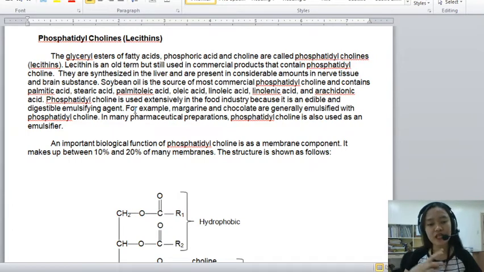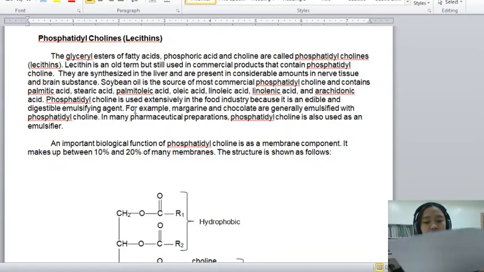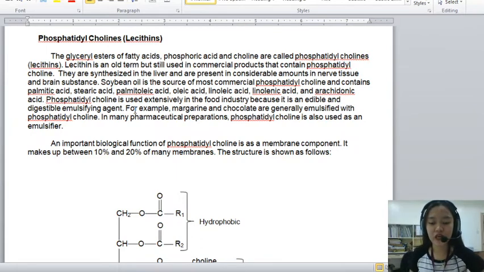So they combine substances that do not naturally combine with each other. For example, one example is your milk.